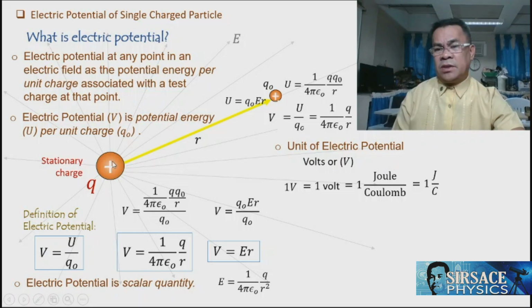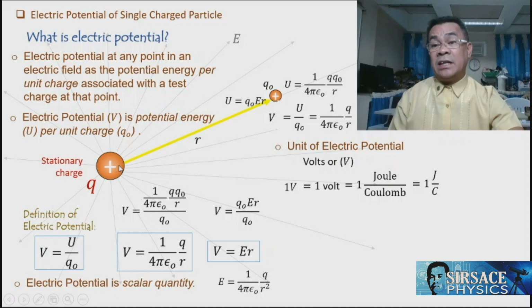Why? Because there is no enclosed charge. So if there is no flux, therefore there is no electric field. What is the electric field inside? The answer is zero. The reason is, there is no charge inside.